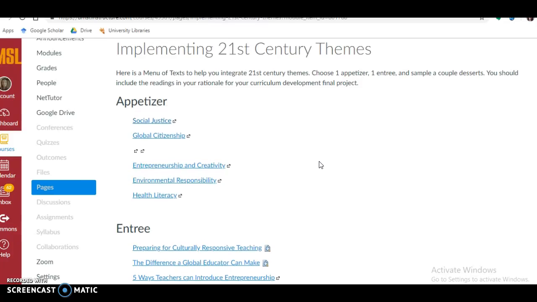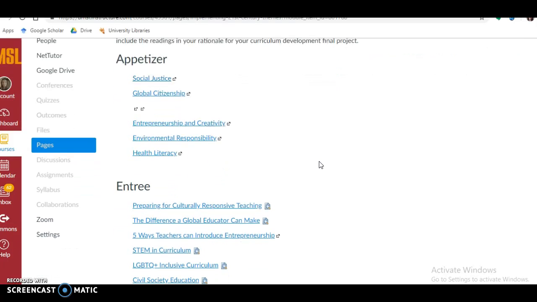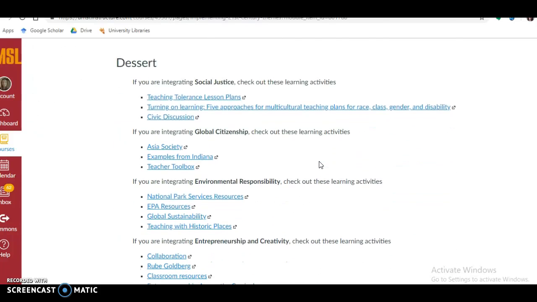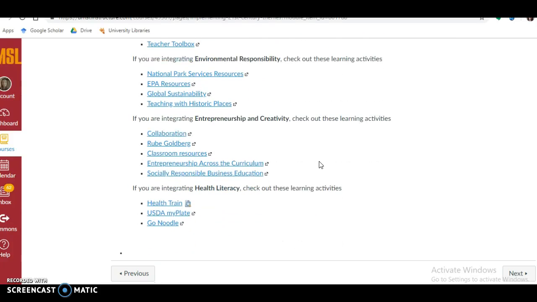Okay, so last week you went through and looked at some of the different themes. So even if you hadn't incorporated some of these themes before in your curriculum, you still have a chance before you turn in your final project to do so. I always think about assessment as meeting the standards and meeting the expectations as a B. So if you want an A in this course, you're going to have to exceed the expectations.